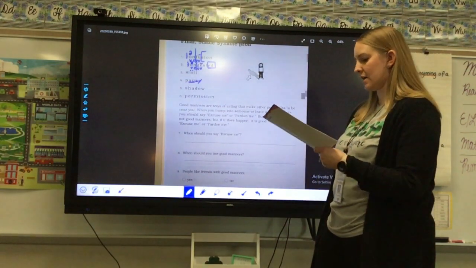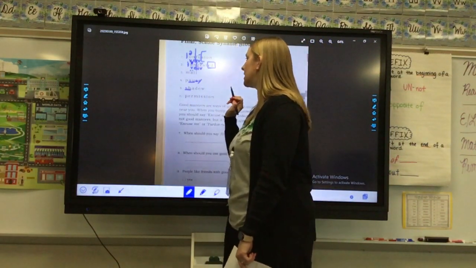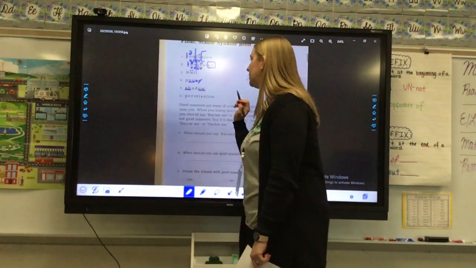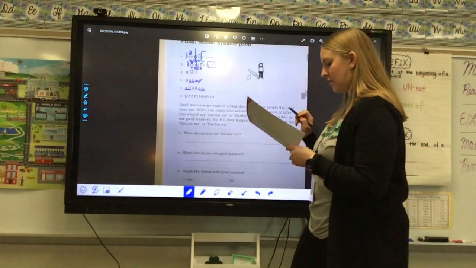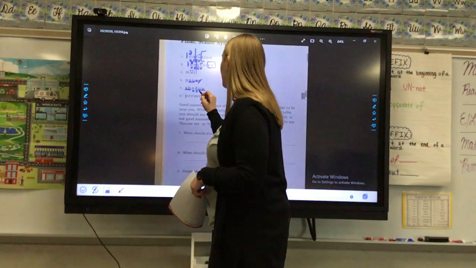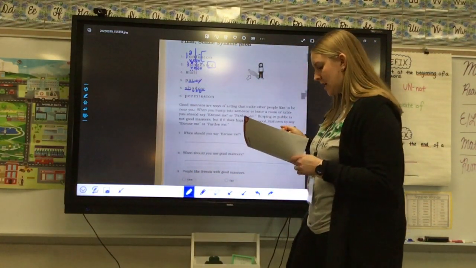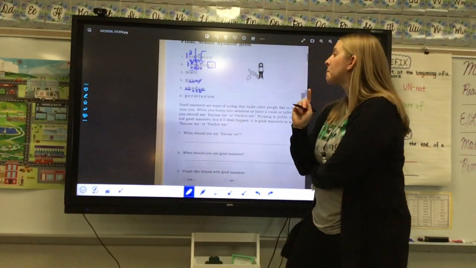Number 5, we are going to underline SH, a blend, and we're going to underline OW. And we're going to mark our vowel, consonant, vowels. Remember, this one can be tricky.